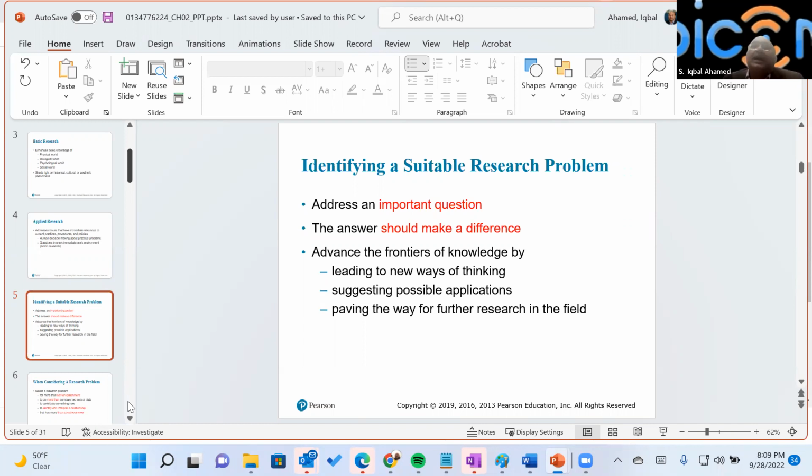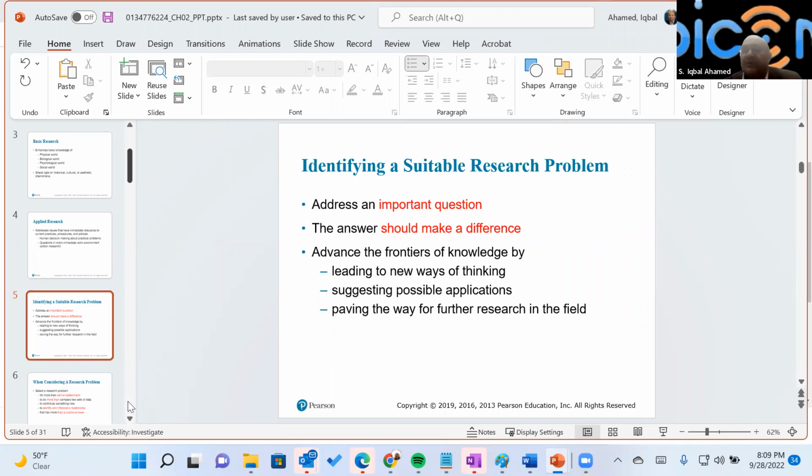So identifying a suitable research problem is what we do: in each of your areas, try to see if you can address some important question that is not answered.